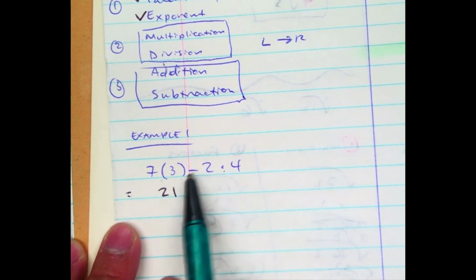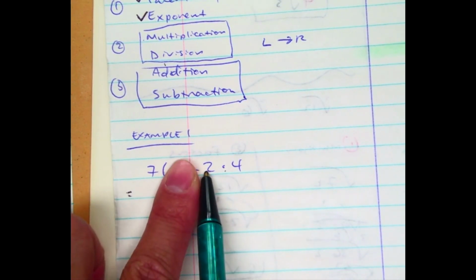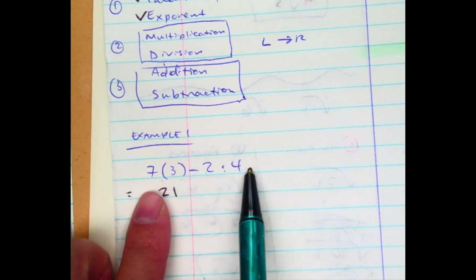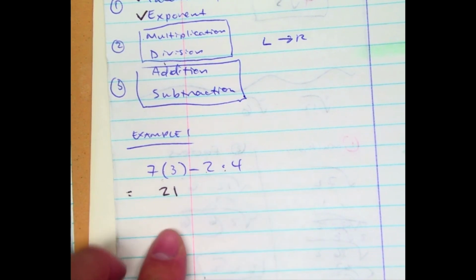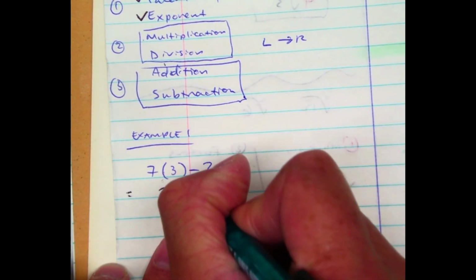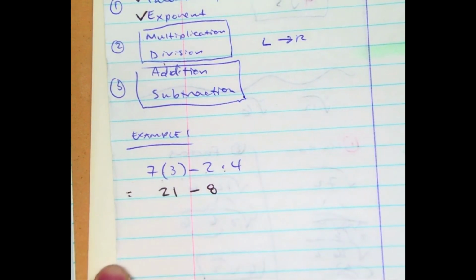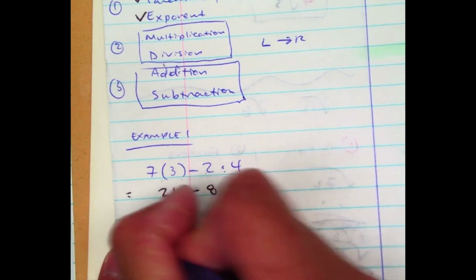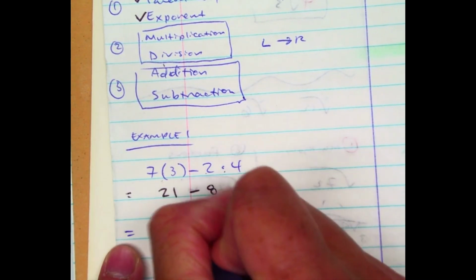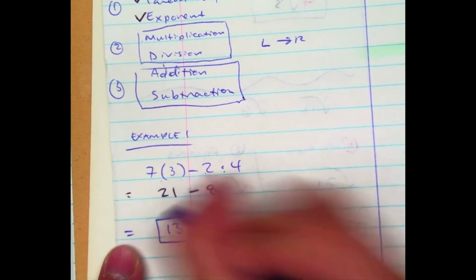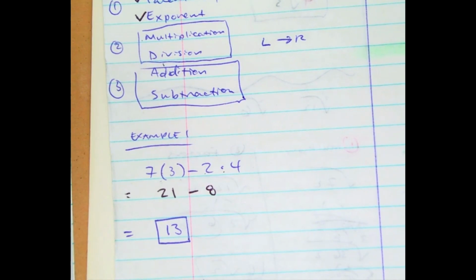You can think of this multiplication in 2 ways. You can think of it as positive 2 times 4 or negative 2 times 4. I'm going to do negative 2 times 4. And that'll give me what? Negative 8. And then 21 minus 8 is 13. And I'm going to box my answer. My answer is 13.